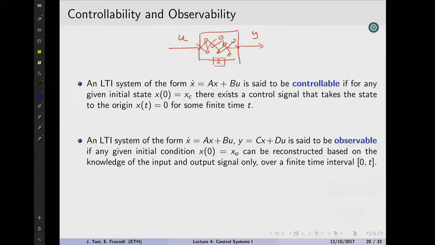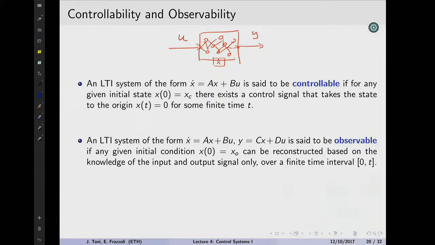So we ask ourselves a question. Given a system, when we send in an input, can we affect all the state variables? That was question number one.